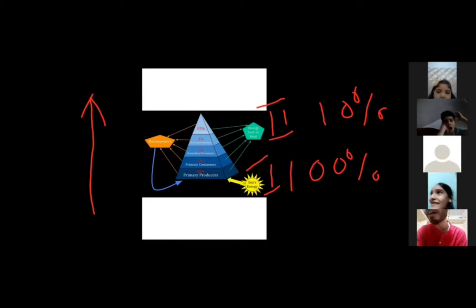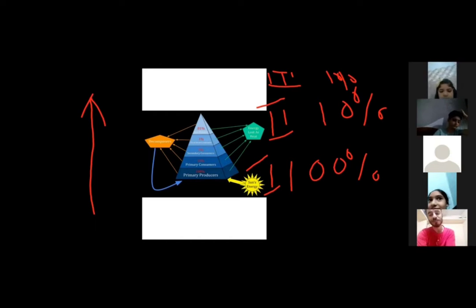And till the third trophic level, it will be 1% only, because 1% is 10% of 10. That means from one trophic level to another, only 10% energy transfers. Is it clear?